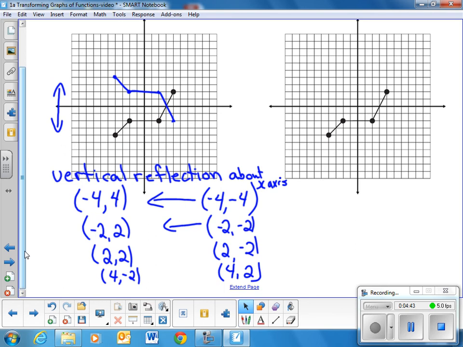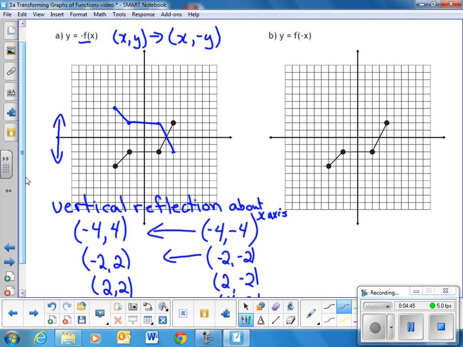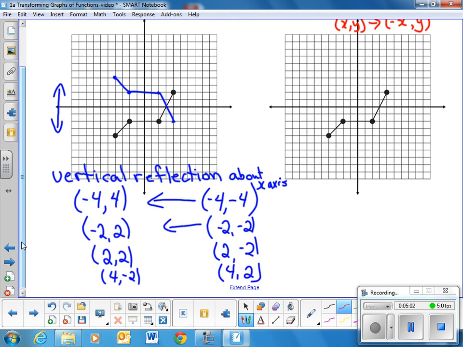Let's look at part B. In part B, we're asked to graph f of -x. That means that this time, in our mapping diagram, that negative sign doesn't affect the y, instead it affects the x values. So for each of our key points, the x value changes signs and the y value stays the same.